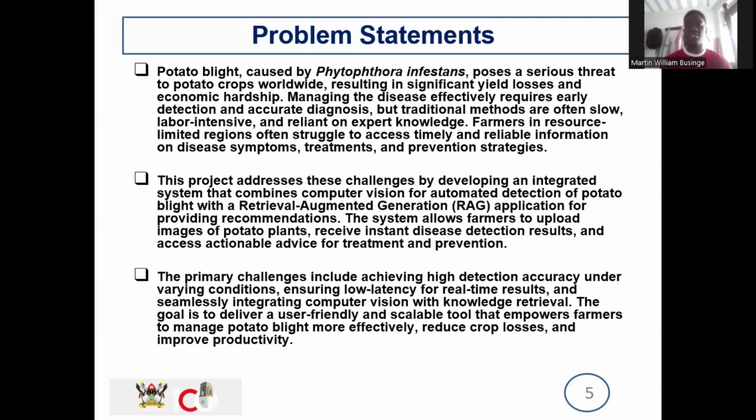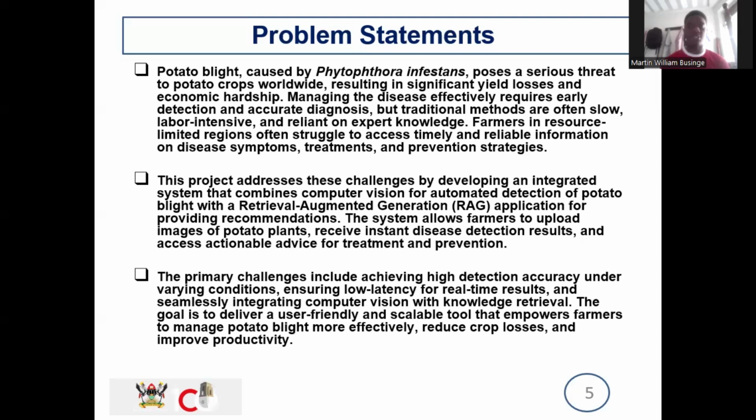So managing this disease efficiently requires early detection and accurate diagnosis. However, the traditional methods that exist are slow, they require a lot of labor, and they rely on an expert's knowledge, meaning that they require an expert to be present. Some farmers operate in resource-limited regions, and these struggle to access timely and reliable information on the disease symptoms, treatment, and the prevention strategies.